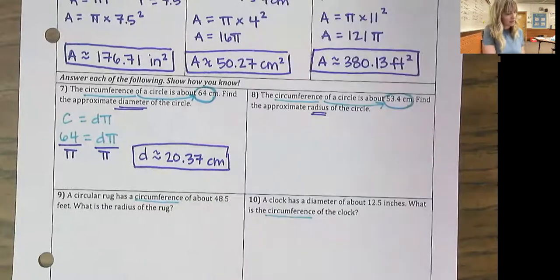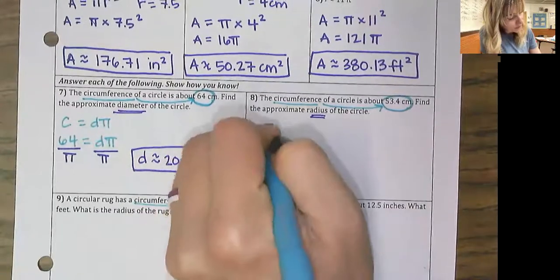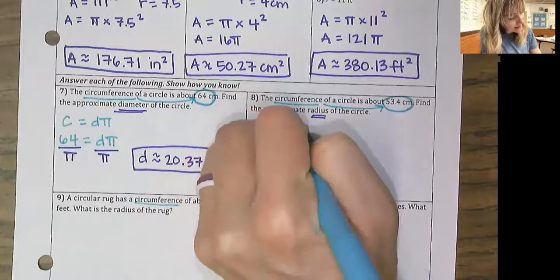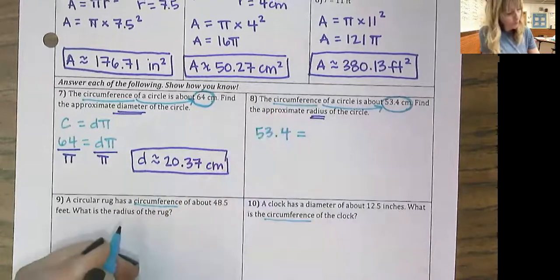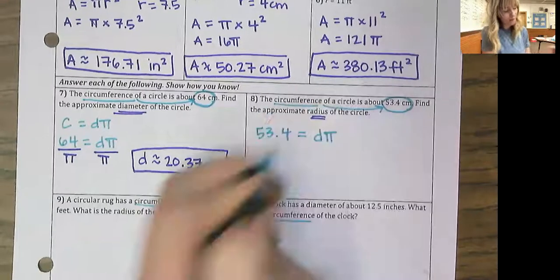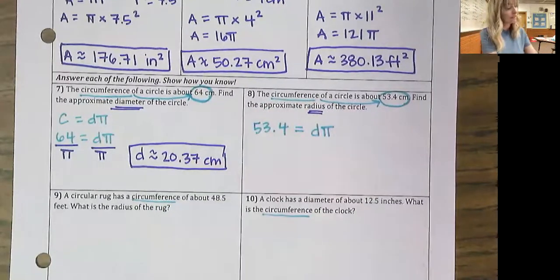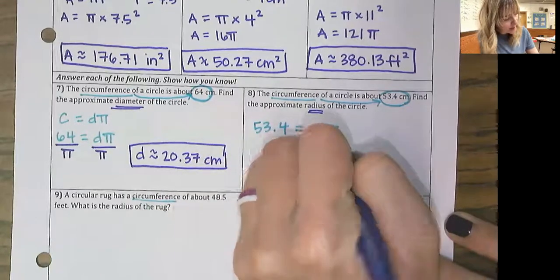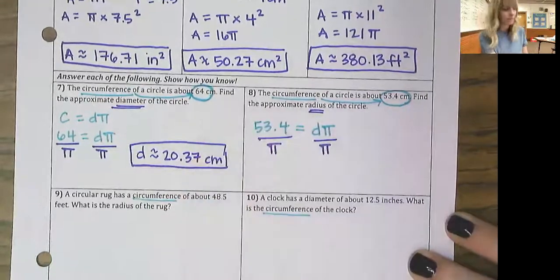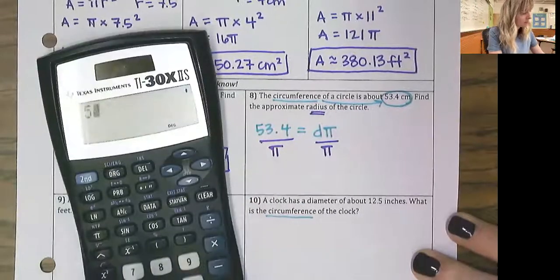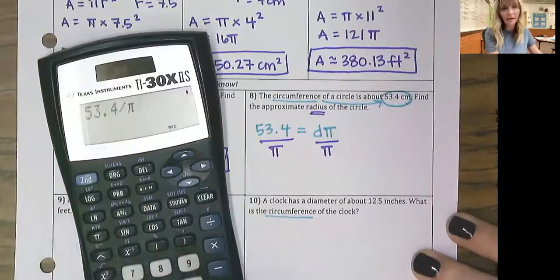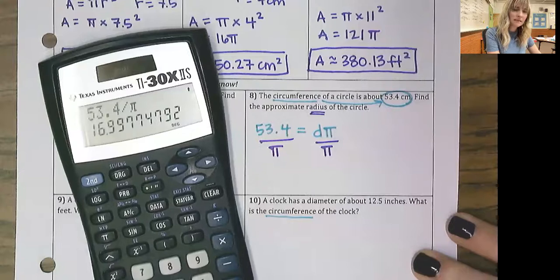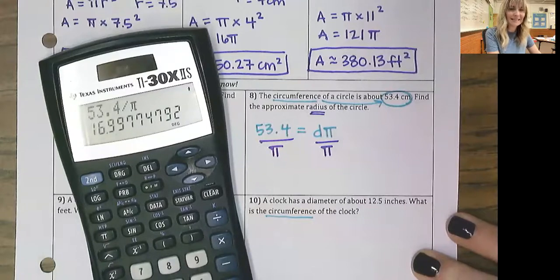Okay, let's try this one. The circumference of a circle. The circumference is 53.4 equals diameter times pi. I plugged it in for C because I already know the circumference. So I'm going to divide by pi, divide by pi. All right, 53.4 divided by pi, 16.997.